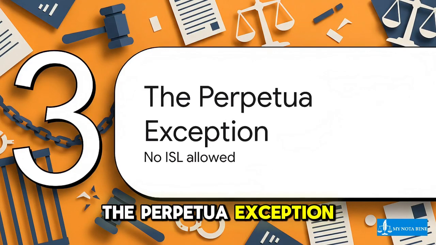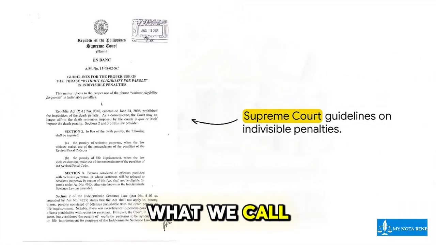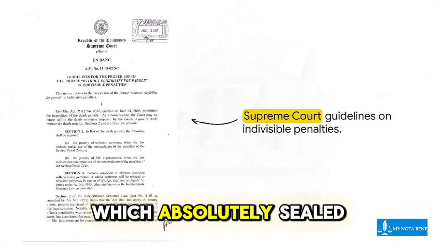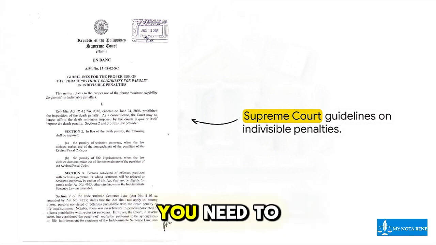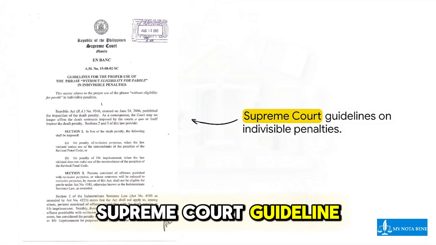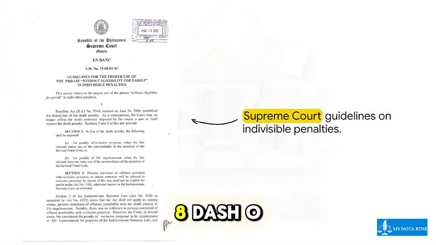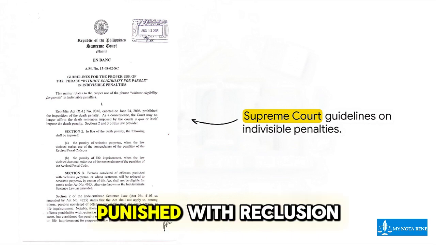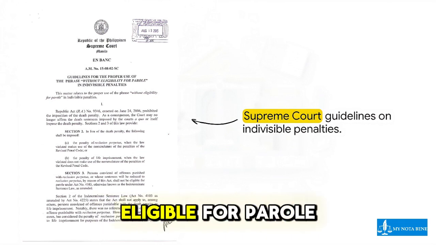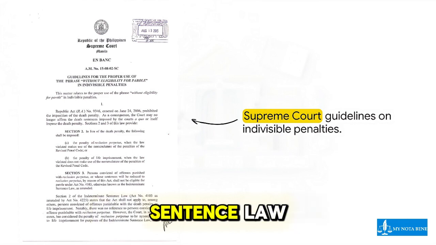The Perpetua Exception. This builds into what we call the Perpetua Exception, which absolutely sealed Applicator's fate. This brilliantly illustrates the black-letter law you need to have memorized. Supreme Court Guideline A.M. No. 15-08-02-SC definitively states that persons convicted of offenses punished with reclusion perpetua are simply not eligible for parole under the Indeterminate Sentence Law.